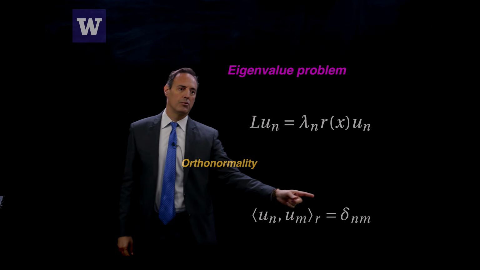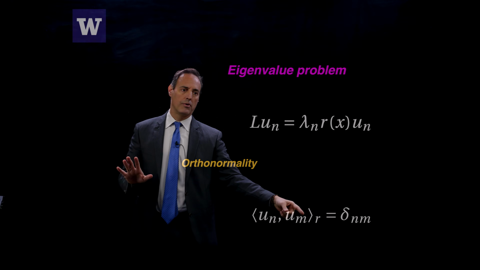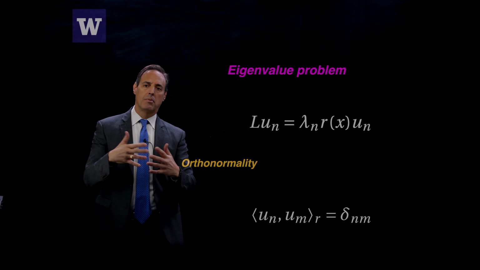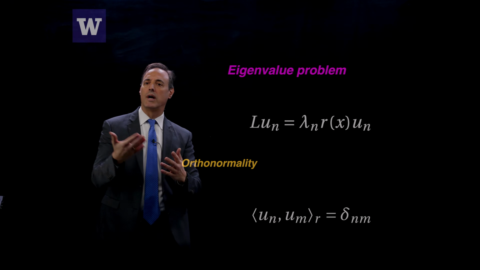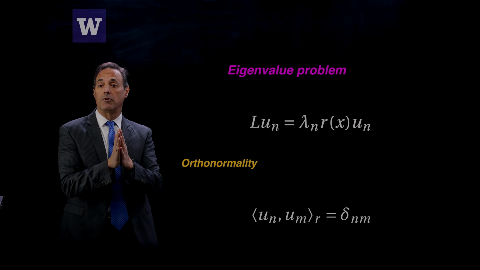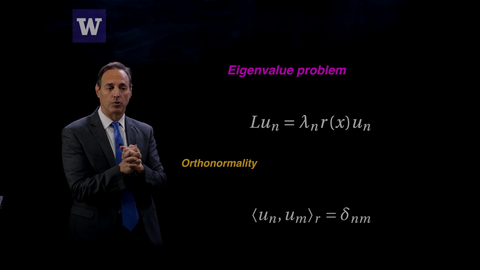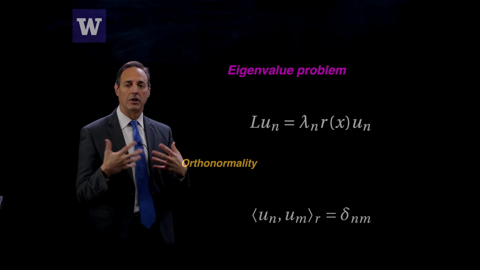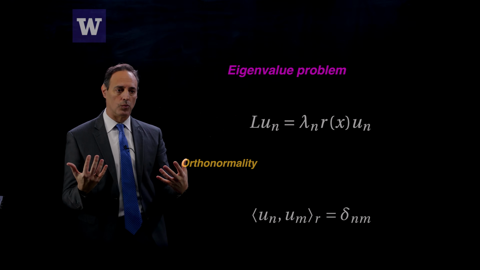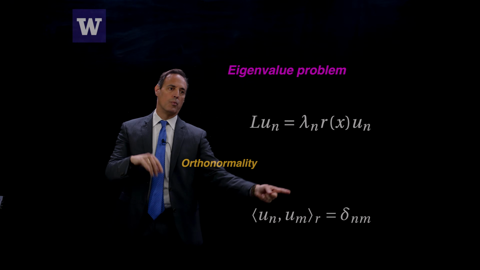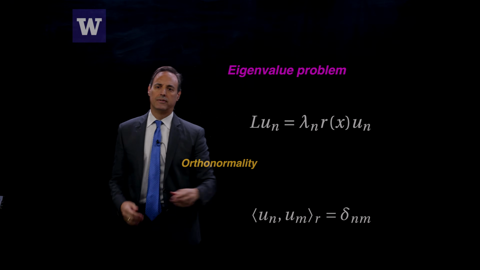They're orthogonal with the r of x in there: all the inner products with respect to each other are 0 except when n is equal to m, and then the inner product is 1. So these are orthonormal coordinate systems, or expansion bases, that we're going to use to find solutions with, and they're orthonormal with respect to this weighting function r of x.